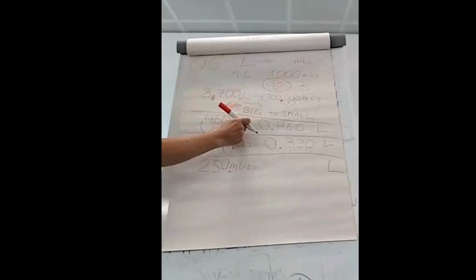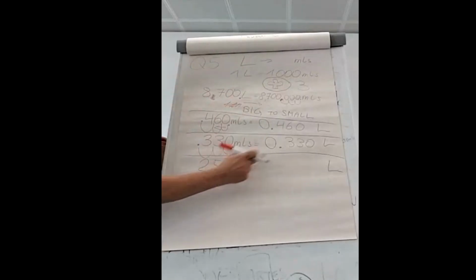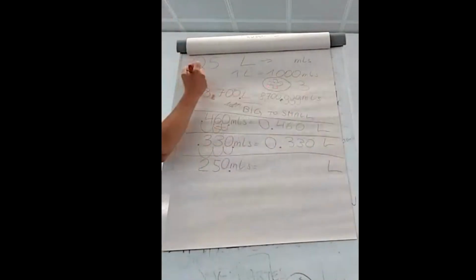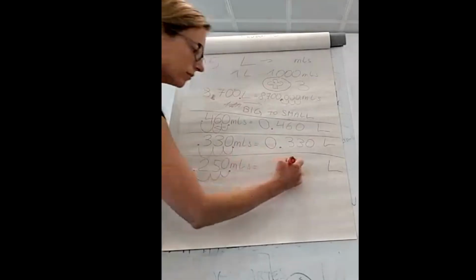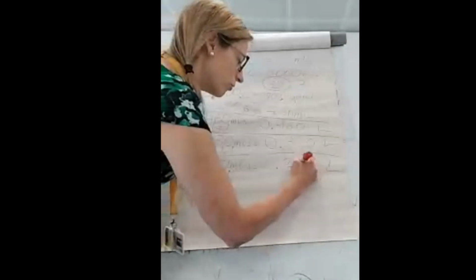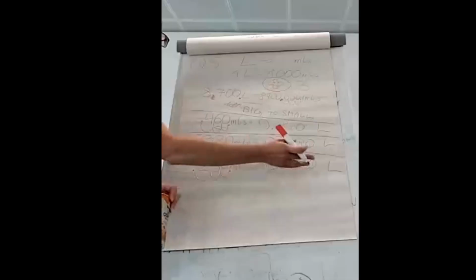And again into this direction because we have small to big. So this direction. 1, 2, 3. So we have dot 250 and 0 at the front. Because is this a liter? No. So it's 0 liters. It's not a liter yet.